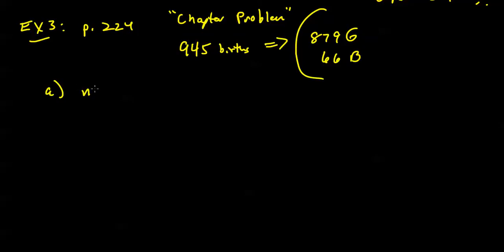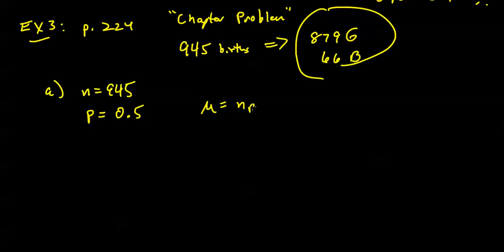Well, we've got a fixed number of trials, 945, right? I'm calling a girl a success, and I'm saying, well, what's the probability of a girl here? Well, assuming boys and girls are equally likely, ignoring these experimental results for a moment, the probability of one girl in any birth is 0.5. All right, so I can find the mean and standard deviation quite easily because I've got a binomial experiment.